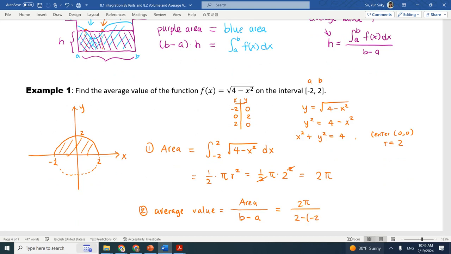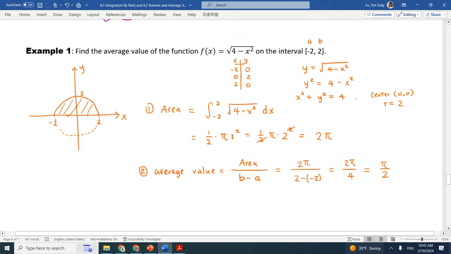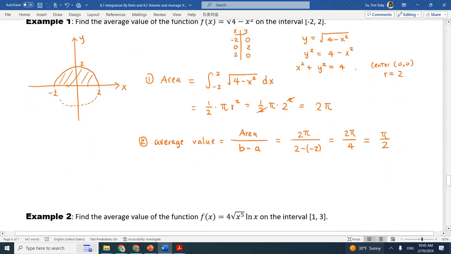So 2 minus -2 is 4. So what is your final answer? Pi over 2. Very good. So this is example 1. Find the average value of this function. And either for a circle or if you have a line, you can do geometry.